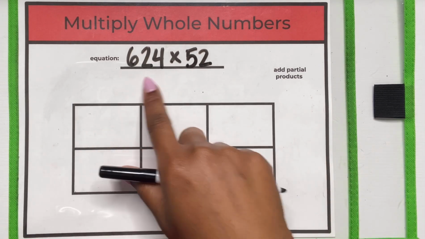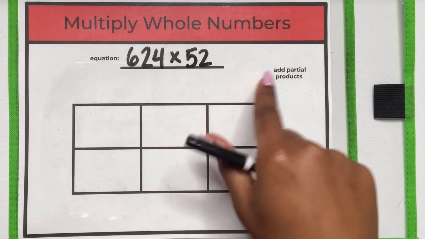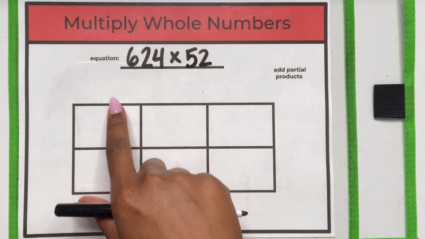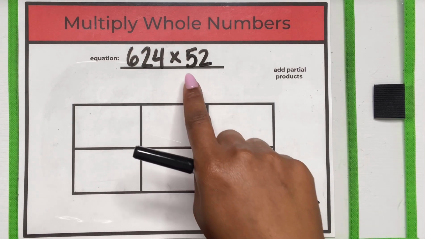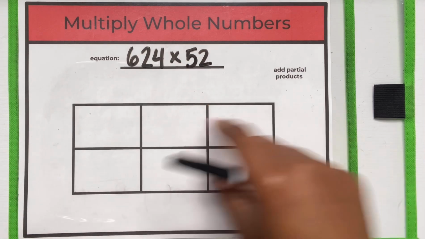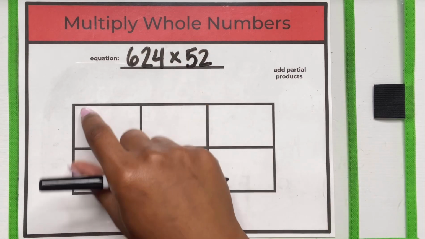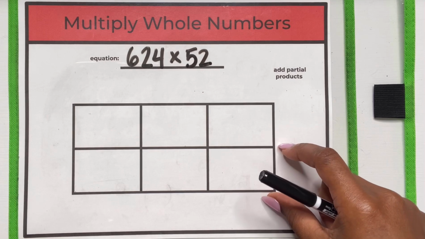Because we have a three-digit by two-digit factor, we need 1, 2, 3 columns going down, and we need 2 rows.